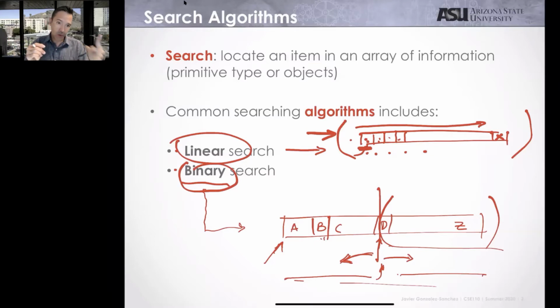So tomorrow, something that I want to share with you is how to do the sorting of an array if the array is not sorted. So what we can do is the sorting first and then binary search. Or we can apply linear searching. In your data structure class, you're going to talk about which one is more efficient, which one is better, when to use one or the other.